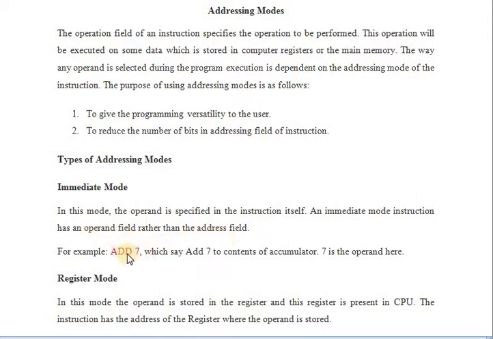So for example, add 7, which says add 7 to the content of an accumulator. So see here, add 7.